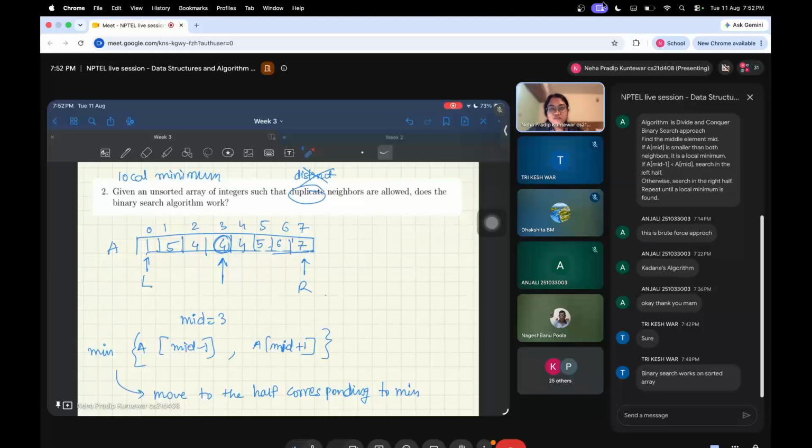Because if they are distinct, and it's not sorted, even then it's order n, because no matter what algorithm you come up with, I can always give you an input where your algorithm will perform badly.